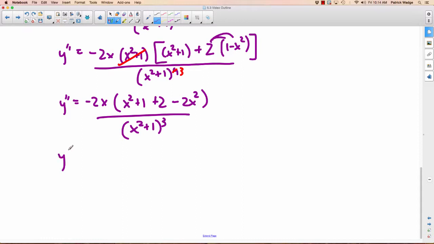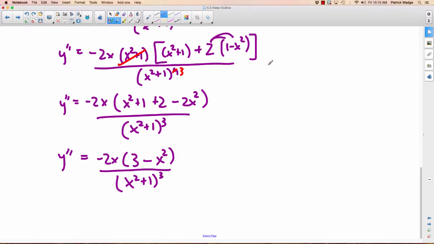I think we're on our last step here. Leave this negative 2x out here. We've got 1 plus 2 is 3, and we've got 1x squared minus 2x squared, which equals negative 1x squared, and that's all over x squared plus 1 cubed. So this is our second derivative.